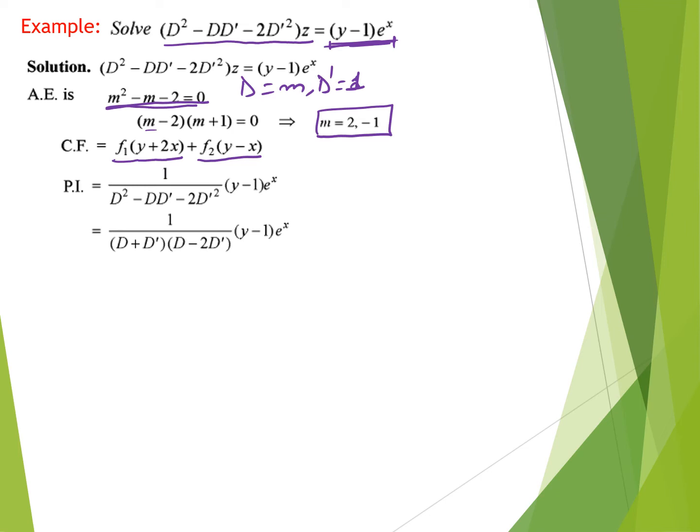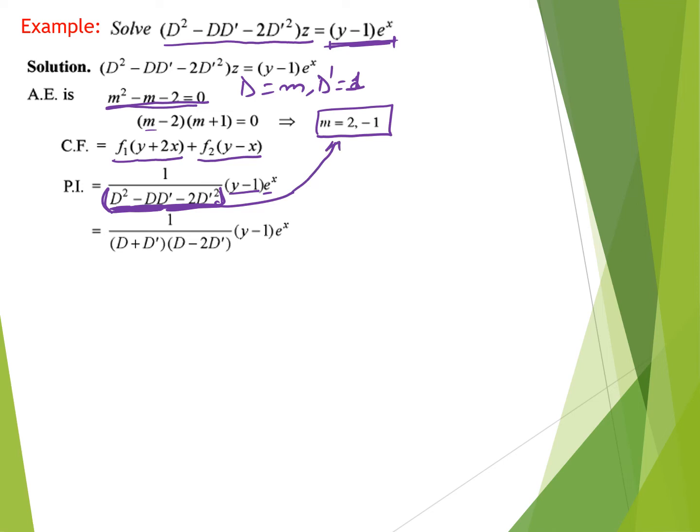Now we have to find out the PI. According to the PI, 1 over D squared minus D dash minus 2D dash squared, (y minus 1) e to the power x. So we have to split this term in terms of factor form. Because we know that the auxiliary equation is produced from this equation, we can split it by using the roots.